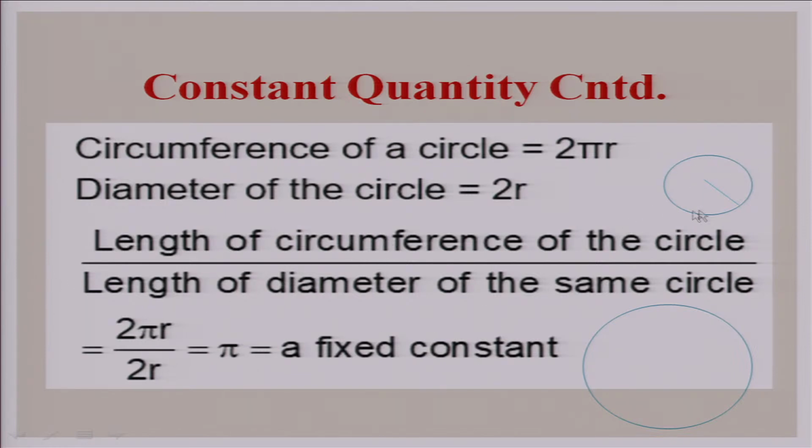In this circle also, if you find the length of the whole circumference divided by the diameter, you will get pi. If you have a bigger circle and you find the circumference and divide it by the diameter, you will get the same quantity pi. So pi does not depend on the circle; it is a fixed constant.